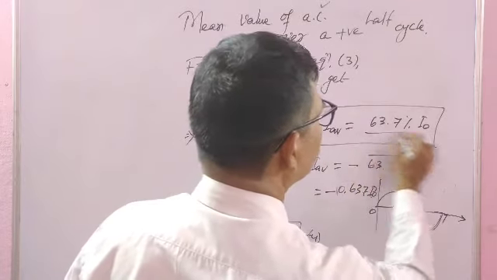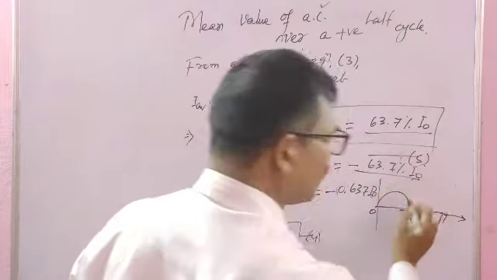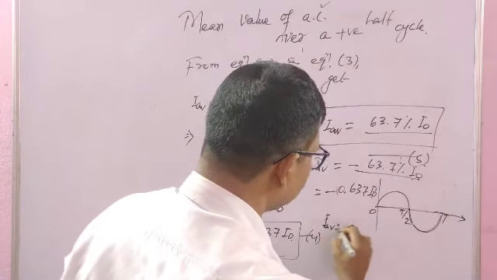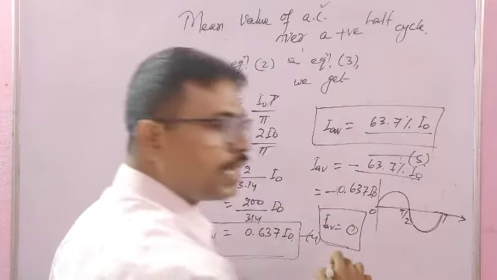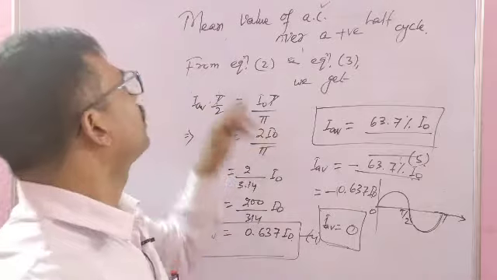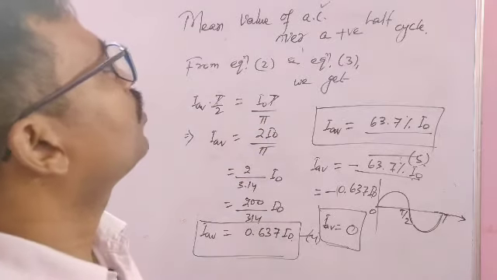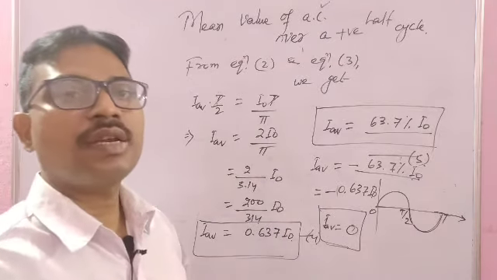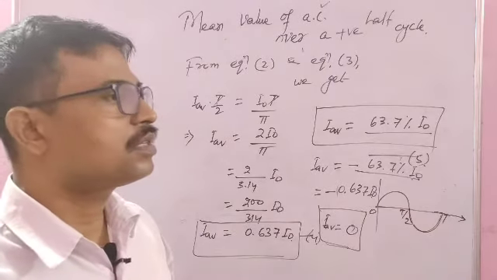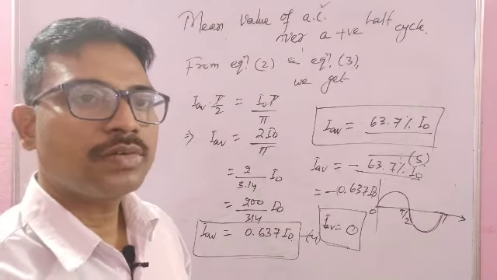Now it is the positive half cycle, it is the negative half cycle. The sum of each, you get I average for a complete cycle is 0. So in any process, if you calculate the mean value of AC over a positive half cycle and negative half cycle, that means a complete cycle is always 0.